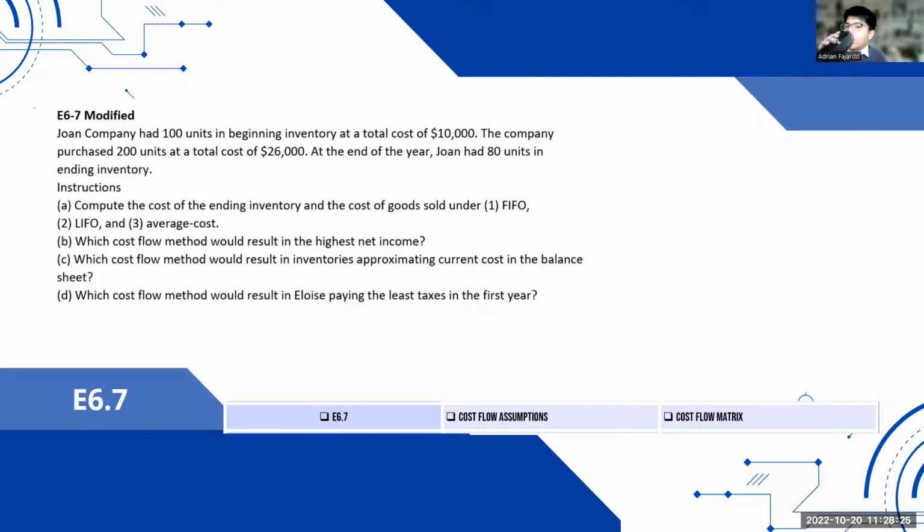Okay. So si Joan Company had 100 units in beginning inventory at a total cost of 10,000, right? And basically, it's asking you to solve it under FIFO, LIFO, and then it asks you to analyze.